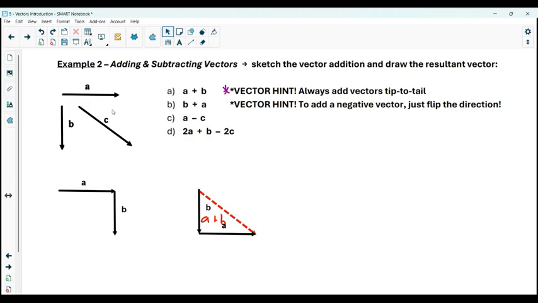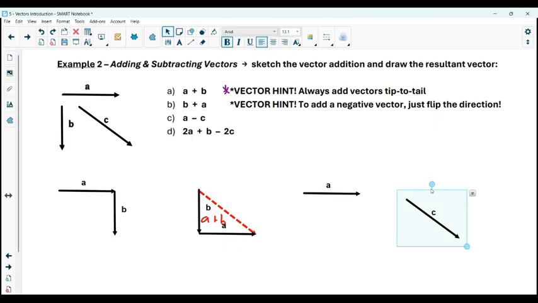Okay, let's try C here. I've got A minus C, so I'm going to get out an A and a C. Now I know it's minus C, and what do I do when I'm subtracting? I turn my vector around like that. So I'm going to add them tip to tail like this.